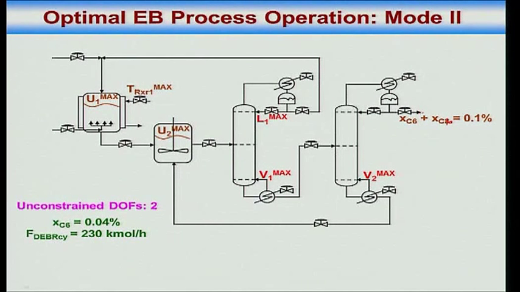It contaminates your product, right? So between these two extremes there is an optimum. I can't have too stringent C6 and I can't have too stringent C10. Somewhere in the middle, and that middle turns out to be 0.04%, something like that.